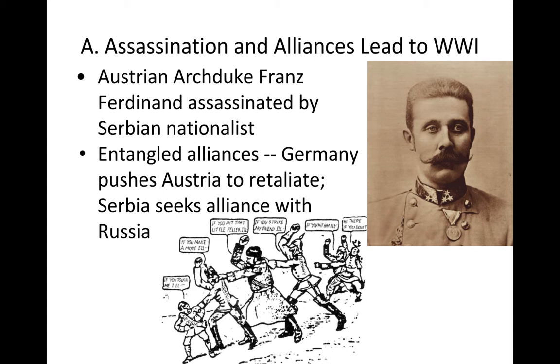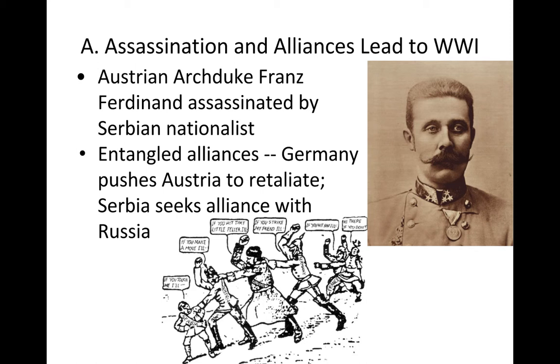And this immediately enraged the Germans, who very much wanted to get the Austrians to retaliate against Serbia. Serbia, on the other hand, was trying to get an alliance with Russia in this process. To a certain extent, this also links back to a long-standing struggle between different powers in Europe trying to have greater influence over the Balkans, which is where Serbia is.